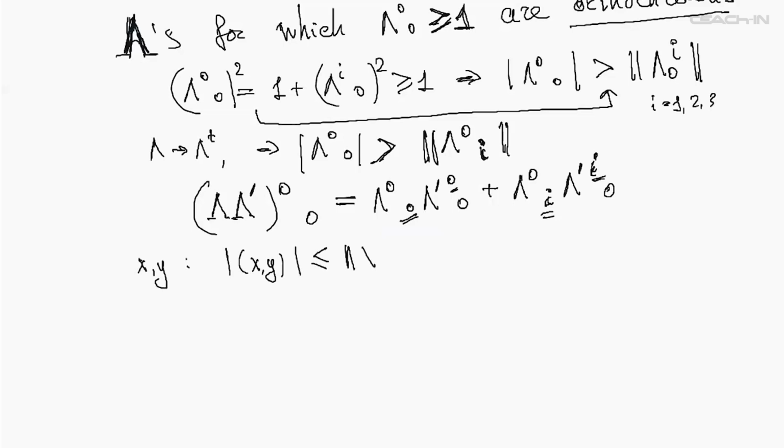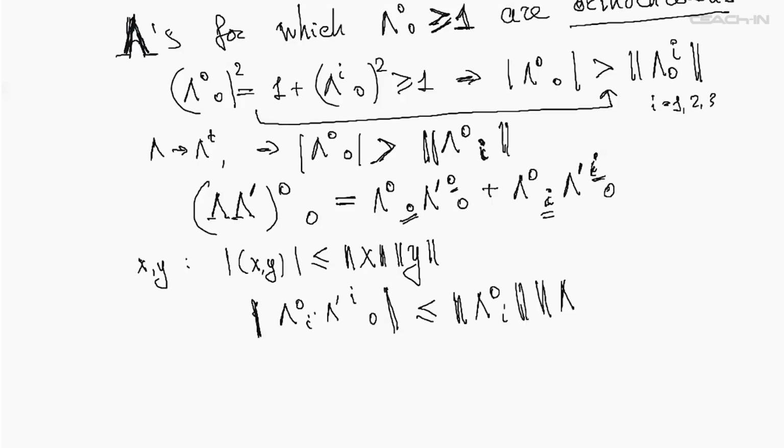You deduce from this inequality that the modulus of the scalar product of these two vectors, lambda 0 I and lambda prime I 0, is less or equal to the norm of lambda 0 I multiplied by the norm of lambda prime I 0, right?